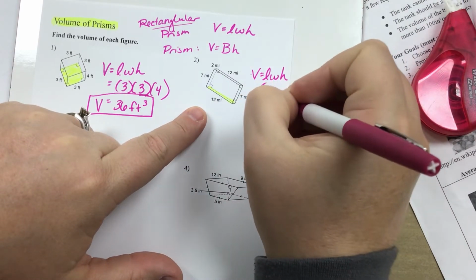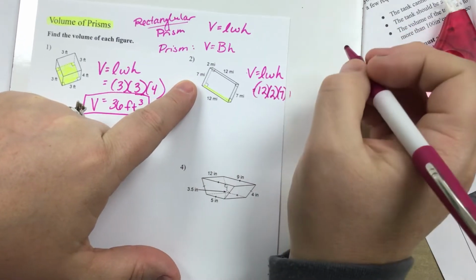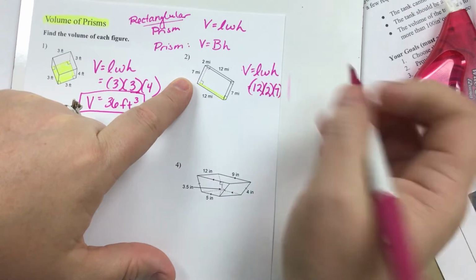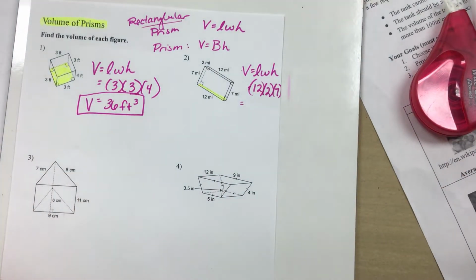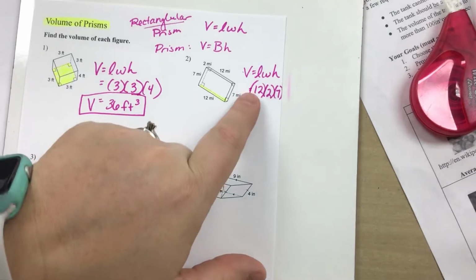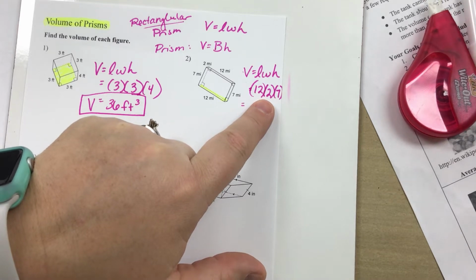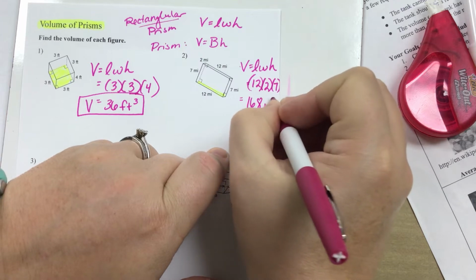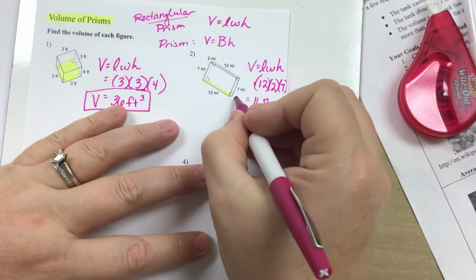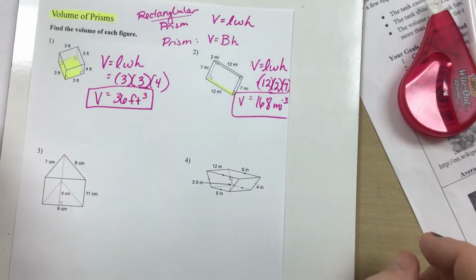The width would be 2 miles, and it looks like the height is 7 miles. Okay, so again, length times width times height. So if I take 12 times 2, or 2 times 12, that's 24, and take that times 7, that's going to give me 168. Again, volume is in cubic units, so in this case, cubic miles.